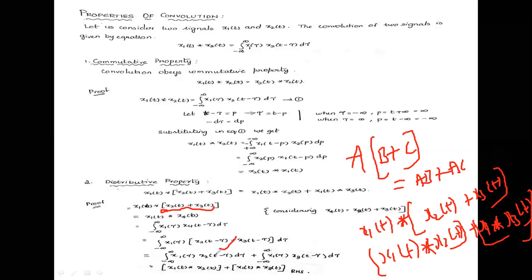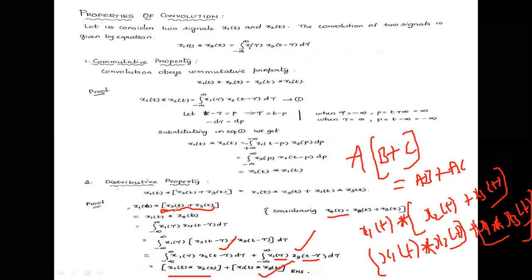The first integral is the convolution of x1 and x2. The second term is x1 of tau and x3 of t minus tau d tau, the convolution of two functions. Whatever is in the parentheses, x2 and x3, assume it as x4, then the convolution definition of x4 and x1 you can apply here.